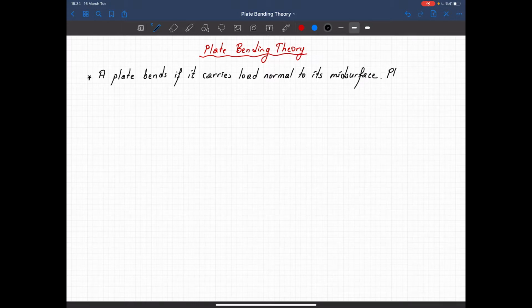Now the plate bending theory ignores stretching or contraction through the plate's mid-surface.